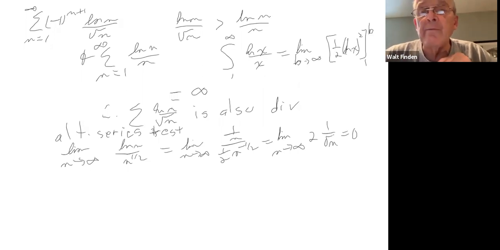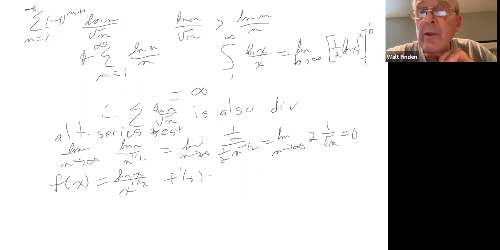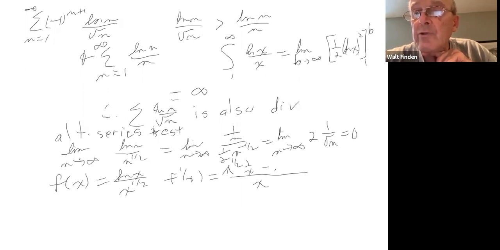So we needed that. Also, this a sub n is a term that is decreasing, because if I let f of x equal natural logarithm of x over x to the 1/2, and I take its derivative, I will see that we have x on the bottom, that's x to the 1/2 squared, x to the 1/2 times 1 over x minus natural logarithm of x times 1/2 x to the minus 1/2.